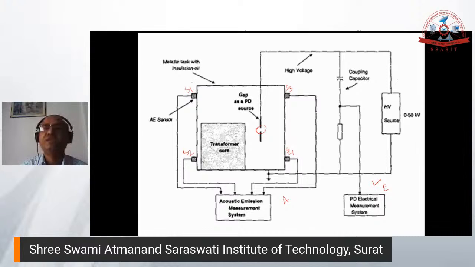For example, sensor 1 has x1, y1, z1, because it has three dimensions, so you have three coordinates. In the same way x2 for sensor 2, and so on for sensor 3 and sensor 4. And this is the source of PD. You cannot predict where it is going to occur.